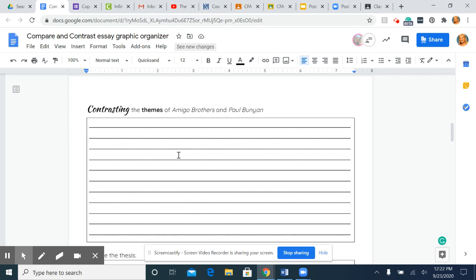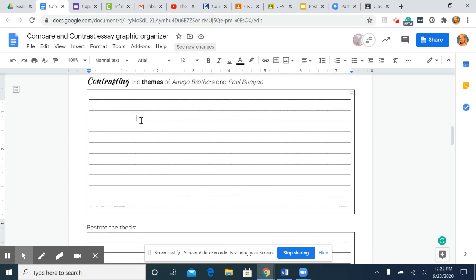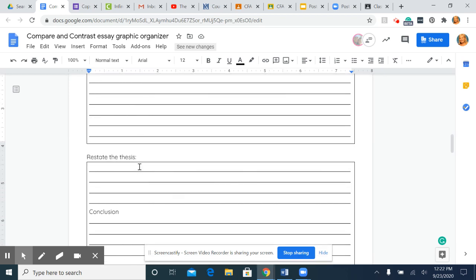There wasn't a rift between Paul Bunyan and Babe, but there was potential with the fight between Felix and Antonio. So compare and contrast them. Maybe you're going to contrast them in talking about the genres, or one of them could have been a real story, the other one was a folktale. Any of those things.